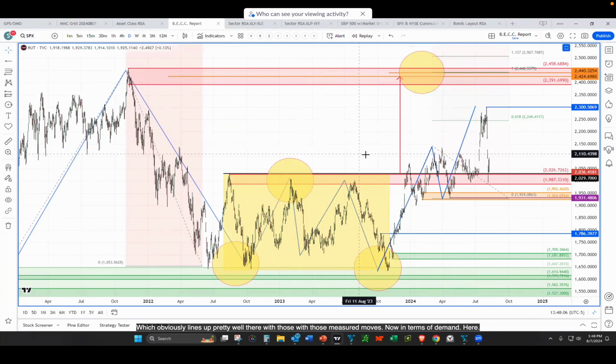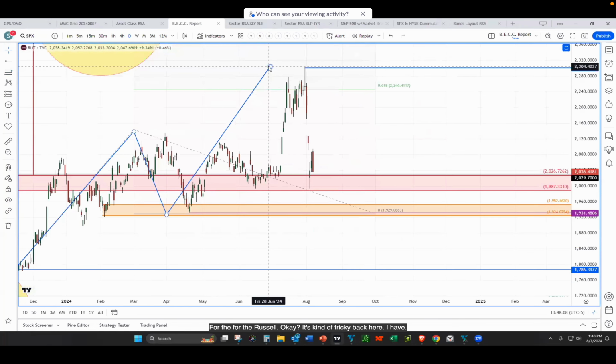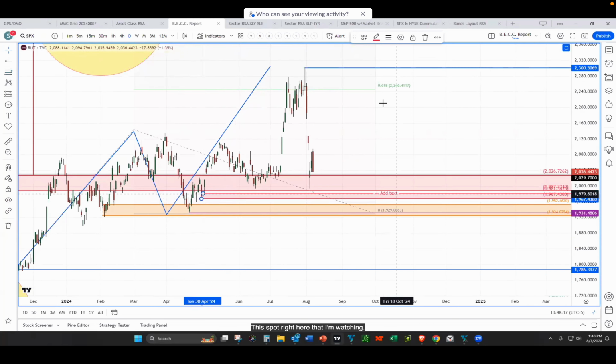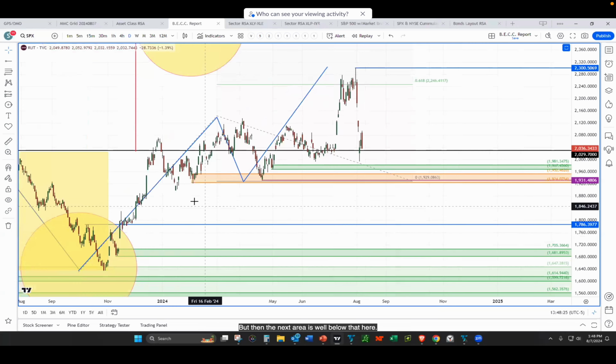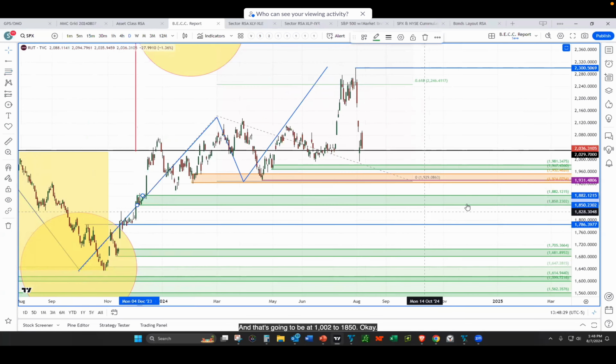Now, in terms of demand here for the Russell, okay, it's kind of tricky back here. I have this spot right here that I'm watching, and that's sitting at, I'm going to go ahead and delete this old zone here, 1981 to 1967. But then the next area is well below that here, and that's going to be at 1882 to 1850. Okay.